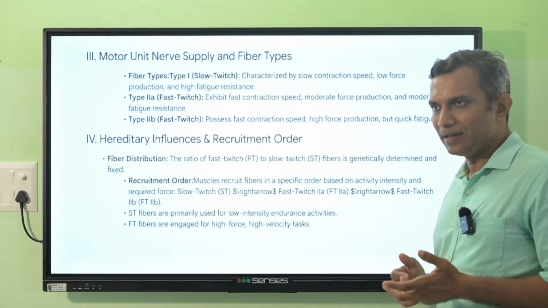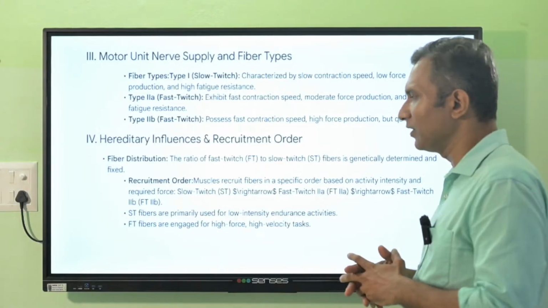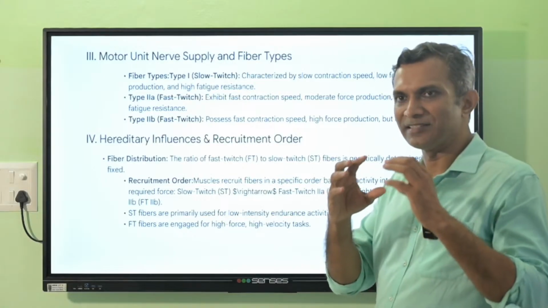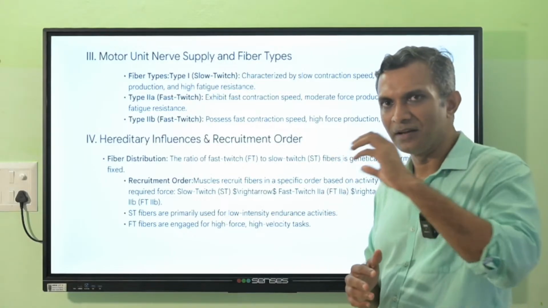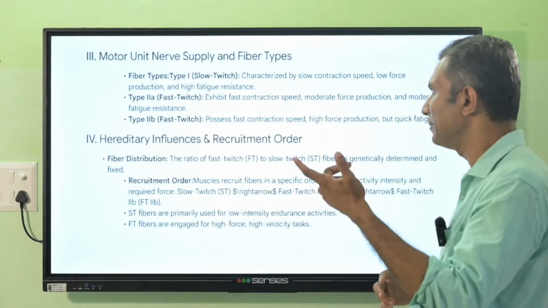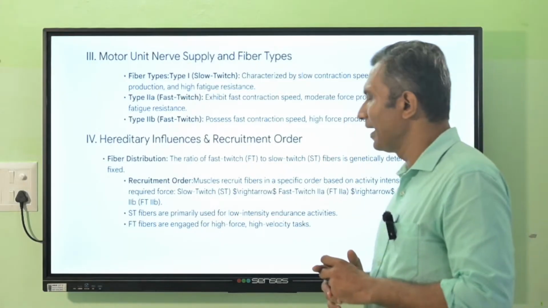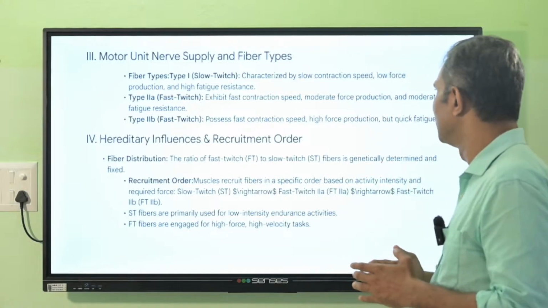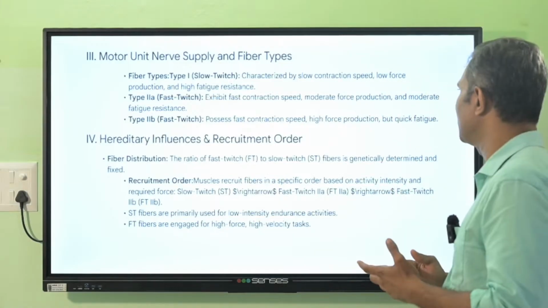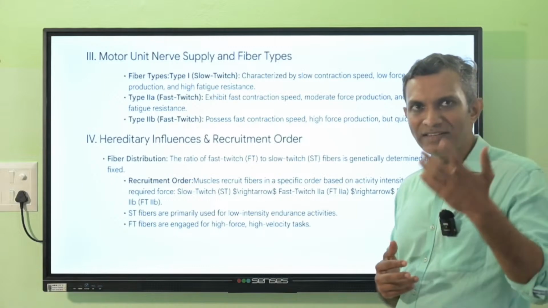And type 2A are fast twitch muscle fibers, but we can categorize them as a sort of muscle that forms a partition between type 1 and type 2B. Type 2A have a fast contraction speed, moderate force production, and moderate fatigue resistance.